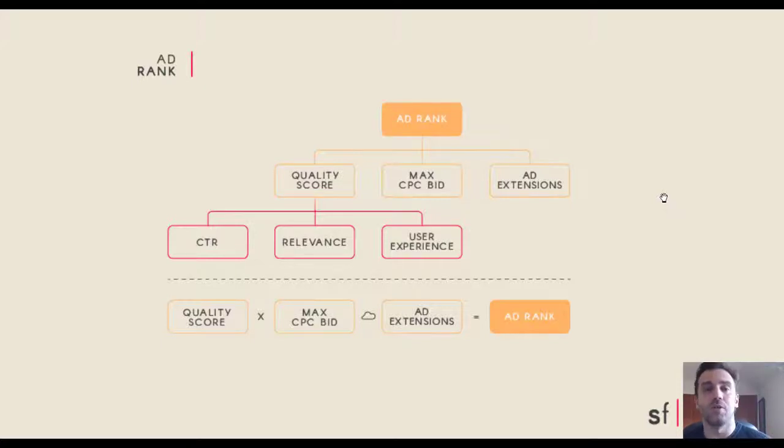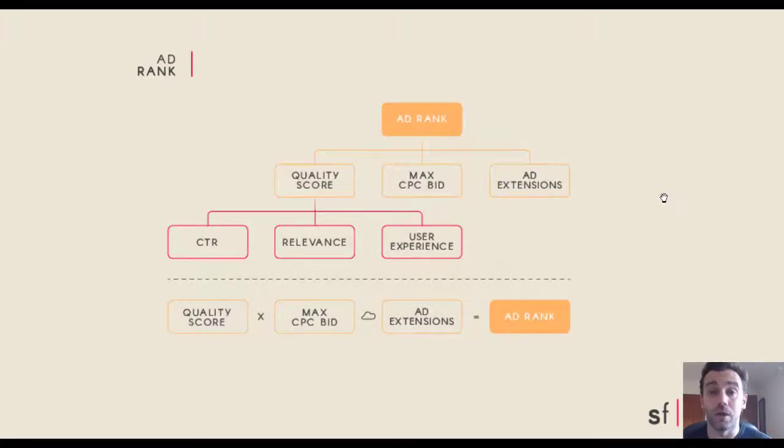The other type of extension that you can use is call-out extensions. And these are just nice little ways to give a chance for you to shout about your USPs. Could be free delivery or 24/7 customer service. Basically, your selling points that you want to put in really simple, almost bullet point fashion across the ad.